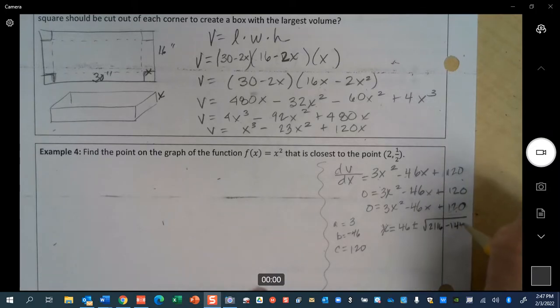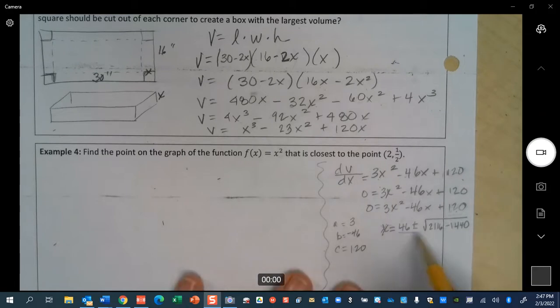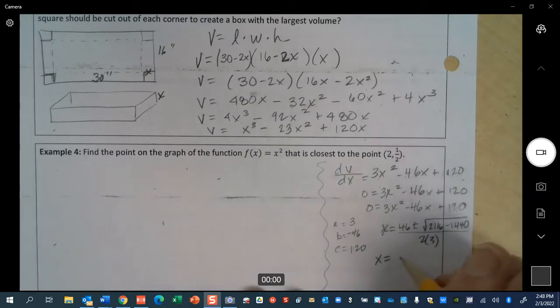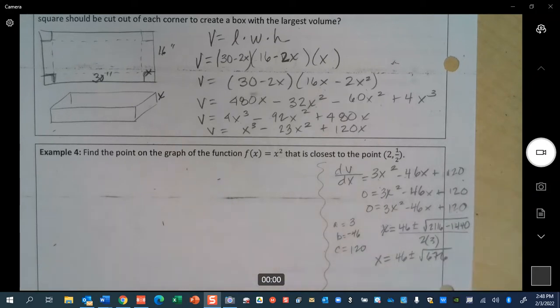That's better. I don't get a negative number. All over 2a. So my x is equal to 46 plus or minus the square root of 676.